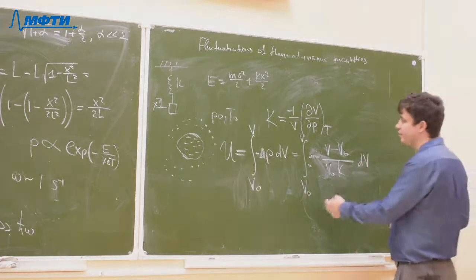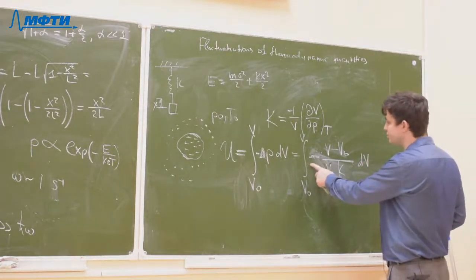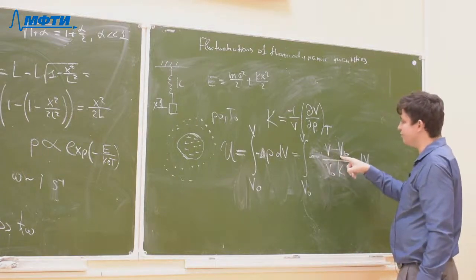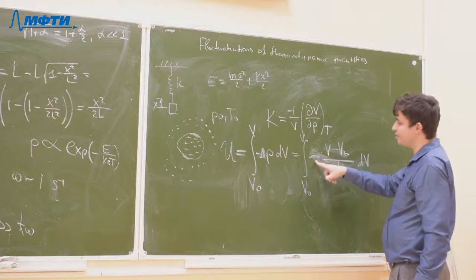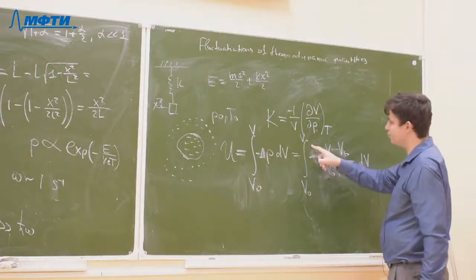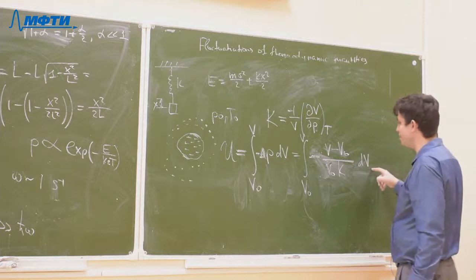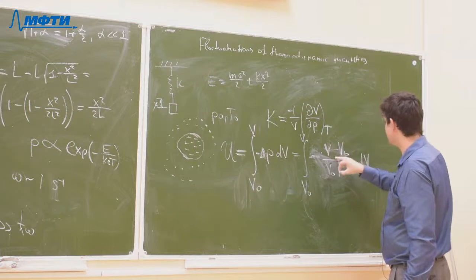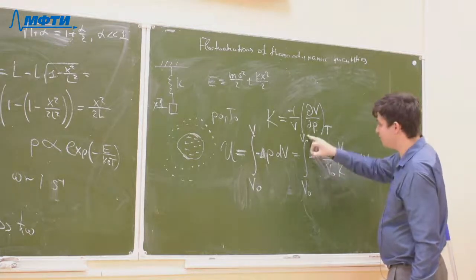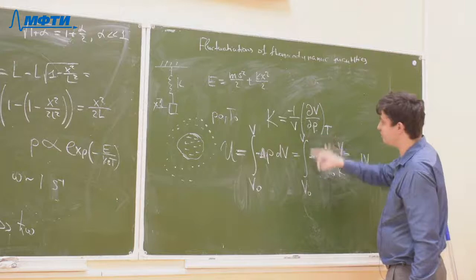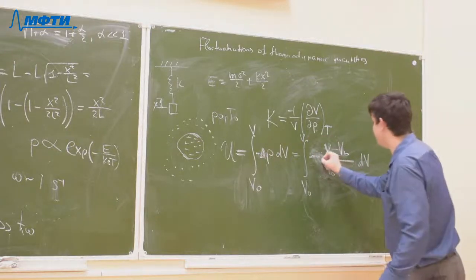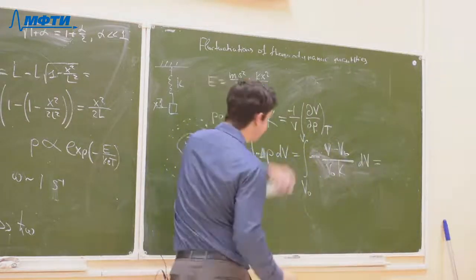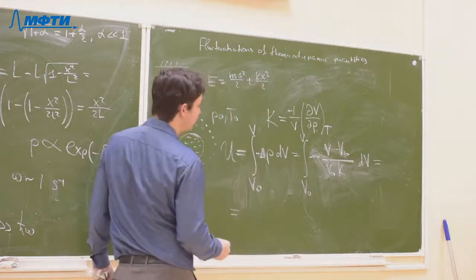And here, when we compress the liquid, then V is lower than V0, but multiplied by this minus gives us some positive quantity, and dV is negative, but V is lower than V0, and that means in this integral we have a positive integral after we calculate it. Okay, so now we do this calculation.